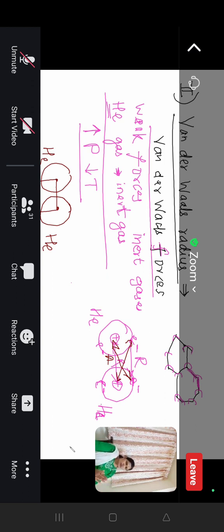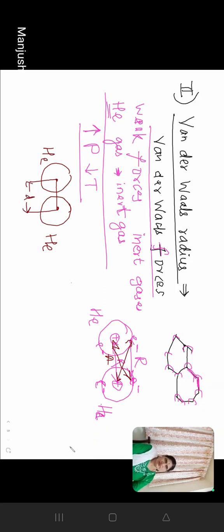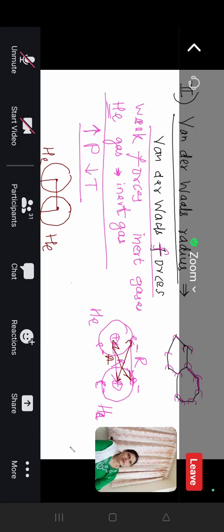And when they come close to each other, these forces start operating, repulsive as well as attractive forces. So when we increase the pressure and decrease the temperature, attractive forces start operating. But there is some limit.